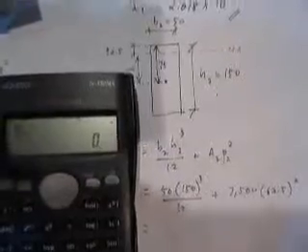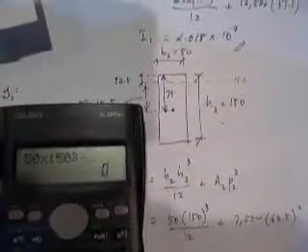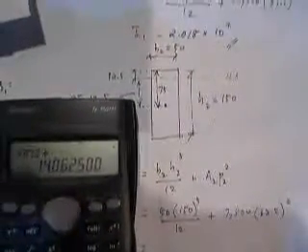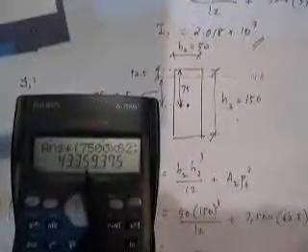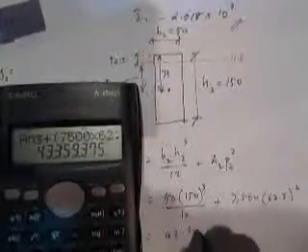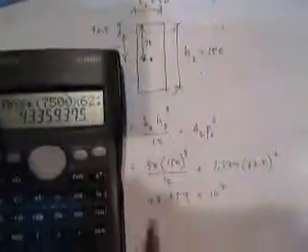So that's 50 times 150 cubed divided by 12, and then we add 7,500 times 62.5 squared, and get a value of 43,359,375. So this is equal to 43.359 times 10 to the power 7. Okay, so this is I2.